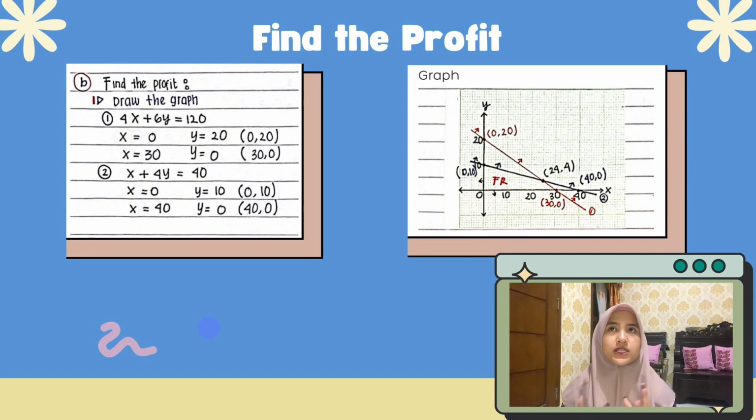If y equals 0 then x equals 30, so we obtain the point (30, 0). For x plus 4y equals 40, if x equals 0 then y equals 10, so we obtain the point (0, 10). If y equals 0 then x equals 40, so we obtain the point (40, 0).